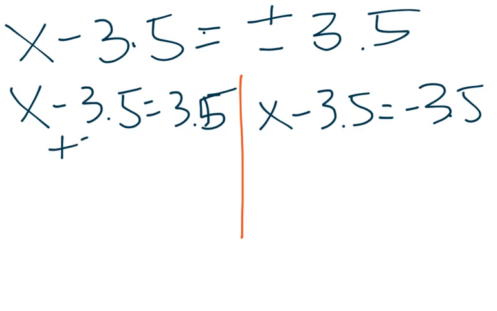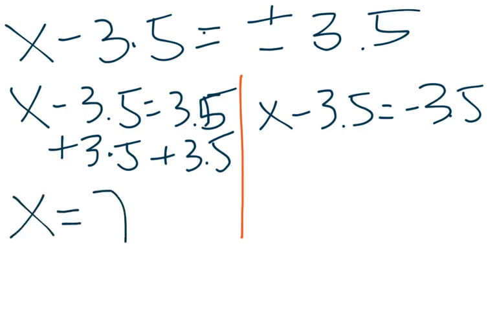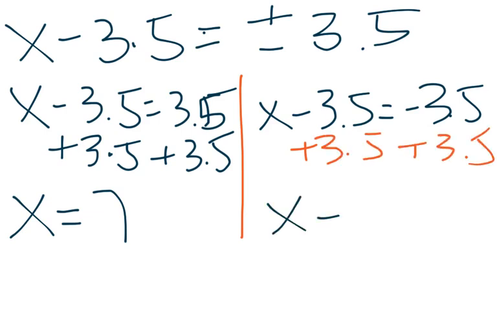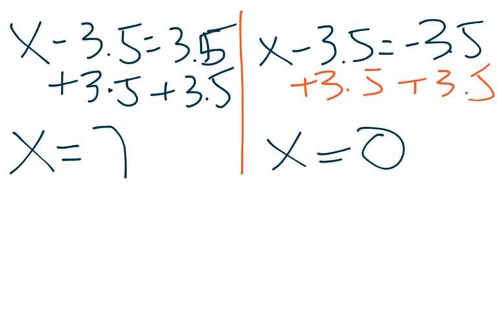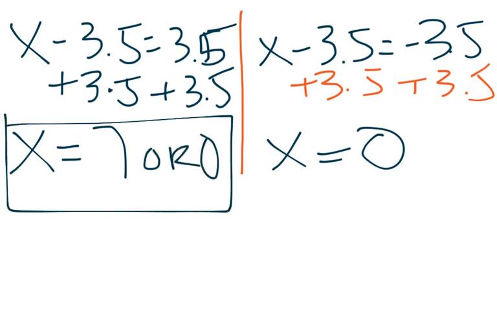So we're going to add 3.5 to both sides. That means x equals 7, or we add 3.5 to negative 3.5, and x equals 0. So x equals 7 or 0, and this is your final answer.